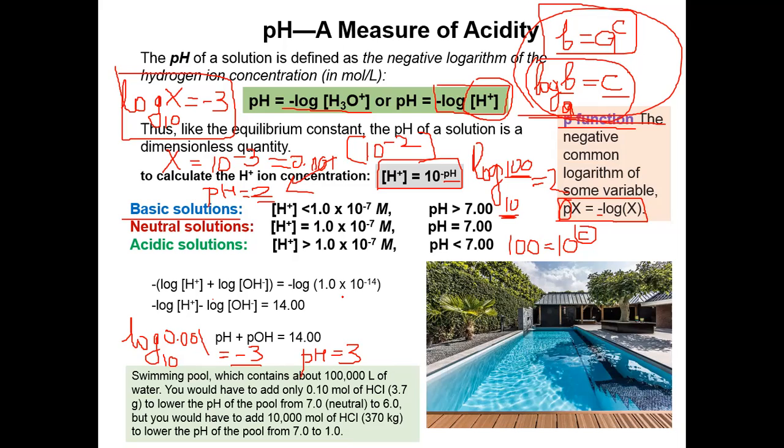Okay. So neutral is when the concentration of H plus is the same as 10 to minus 7 moles per liter, which means that pH is 7.